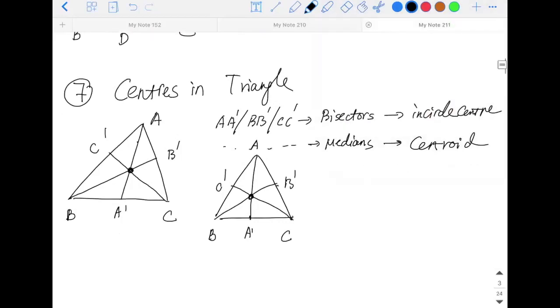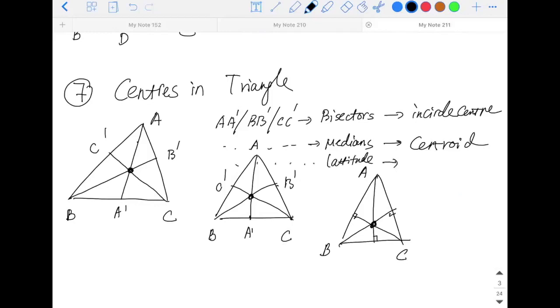Number 3: I have a triangle ABC. I have 3 altitudes. The 3 altitudes on the 3 sides can also intersect at one point. This is what we call the orthocenter. Actually, we have even more.